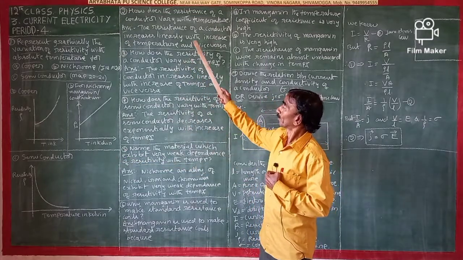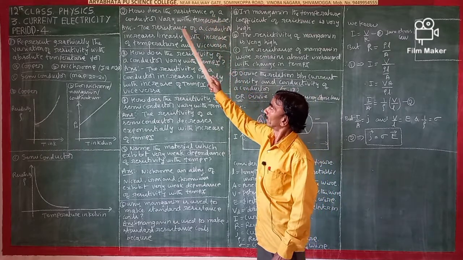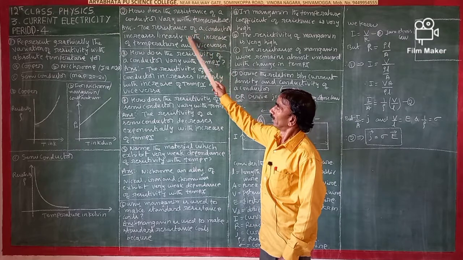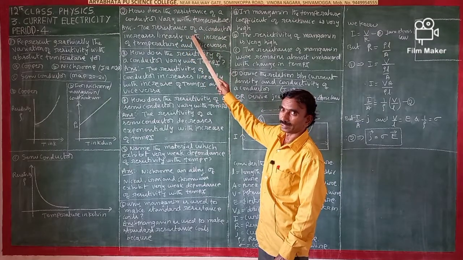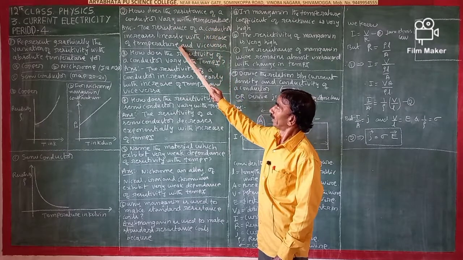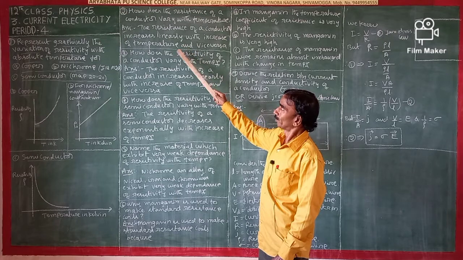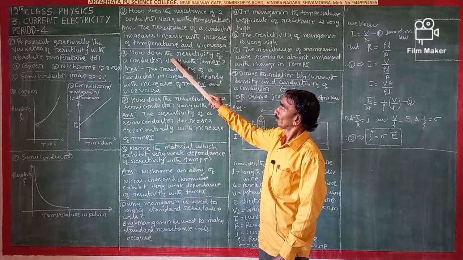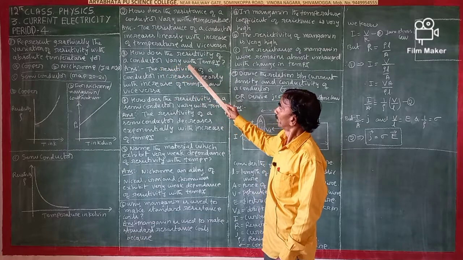Okay. How does the resistance of a conductor vary with temperature? The resistance of a conductor increases linearly with increase of temperature. Same question in another way: how does the resistivity of a conductor vary with temperature?